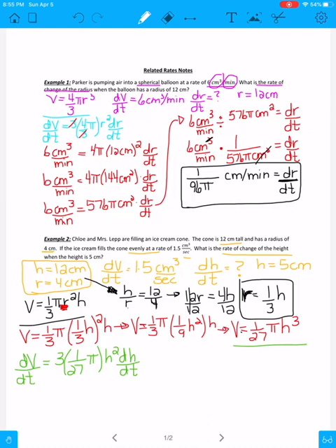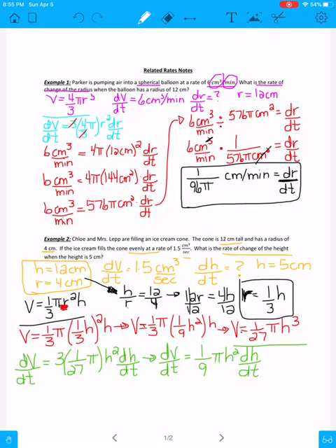And then that gets me dV over dt equals 1/9 pi h squared dh over dt. And now I can plug in my stuff that I know.